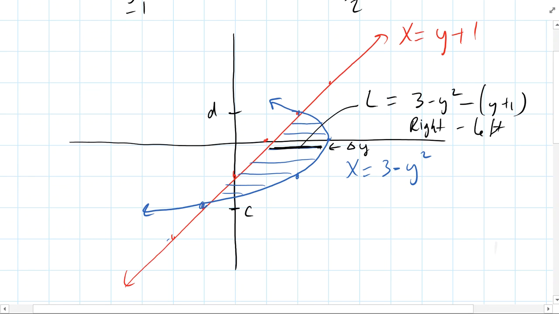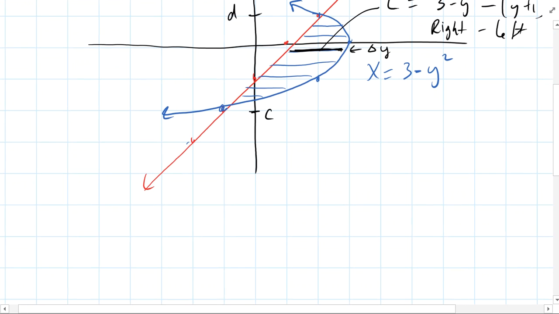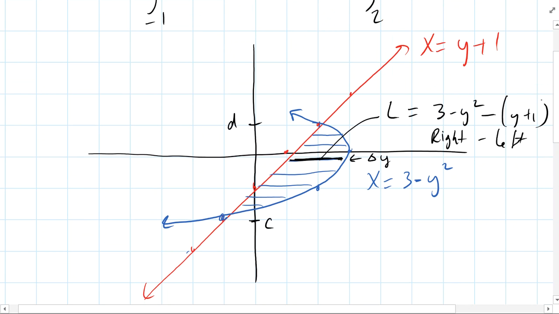Watch what happens. You ready? Has everybody got their figure drawn? So this area is equal to the integral from -2 to 3 of, can I simplify that, by the way? Is my length going to be 3 minus 1, which is 2, minus y squared?